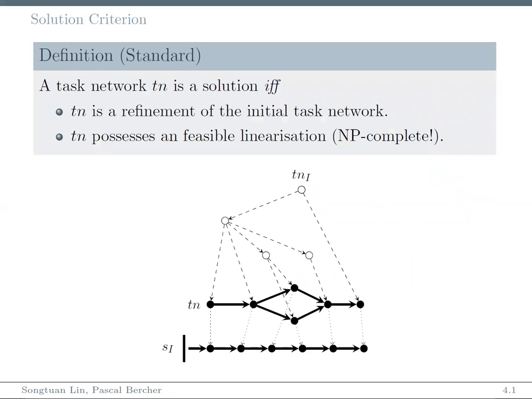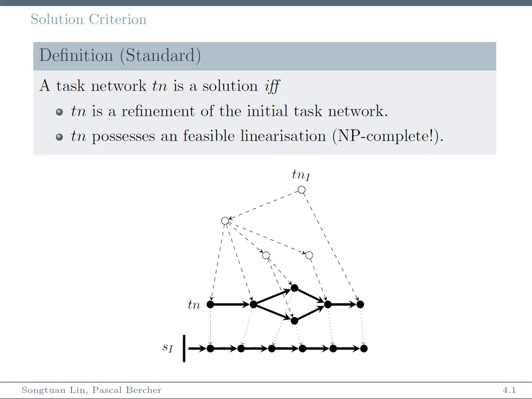The most important part is the solution criteria. The standard definition is that a task network is a solution if and only if it is a refinement of a given initial task network and it has one feasible linearization in an initial state.